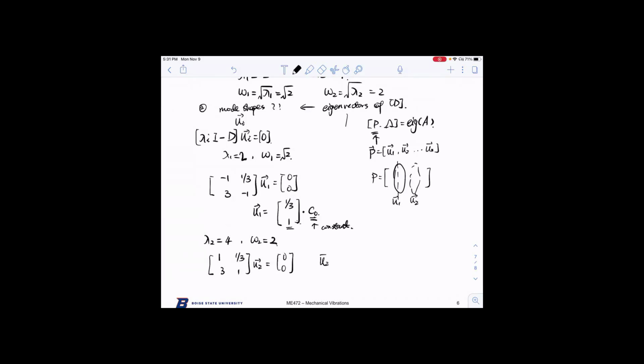And then your U2, again, same thing: C1 times a vector. Let's try to avoid confusion: your C2 is also a constant.